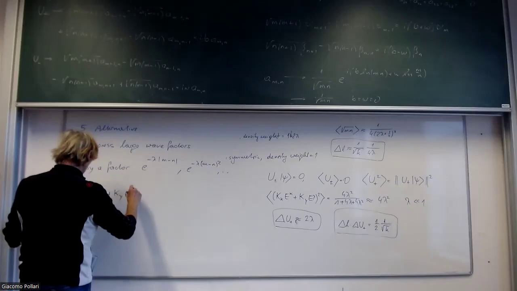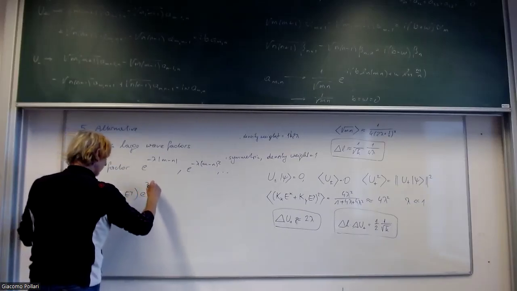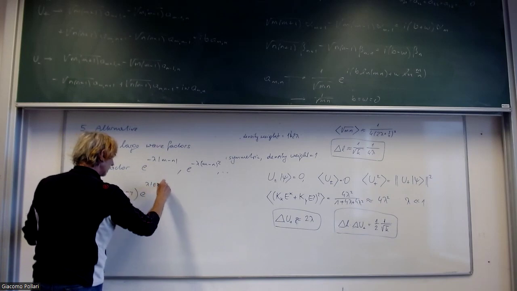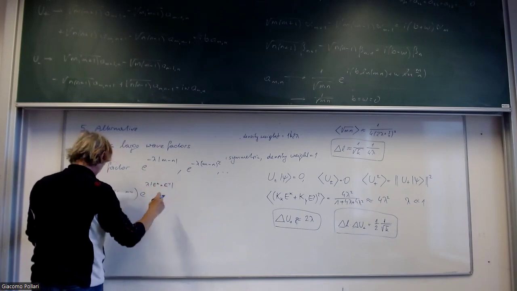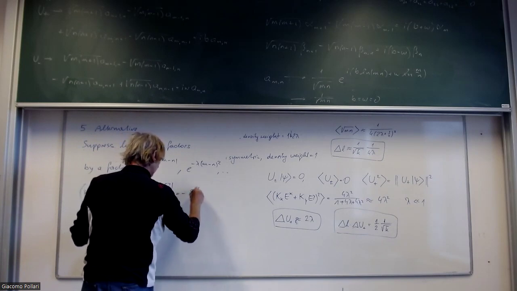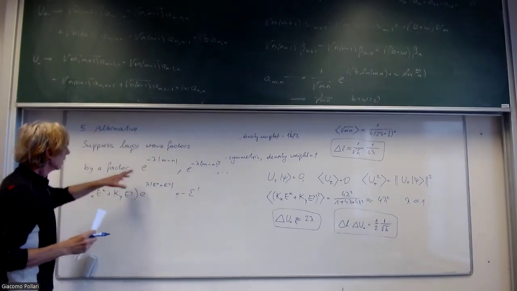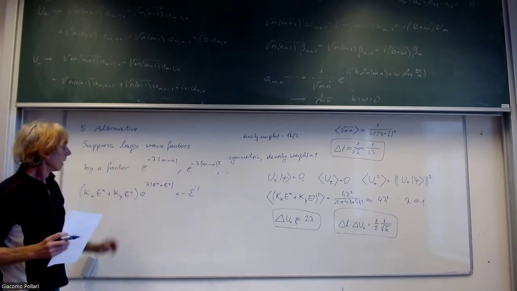This will come out if we multiply this by e to lambda, ex plus ey, is equal to minus e prime.